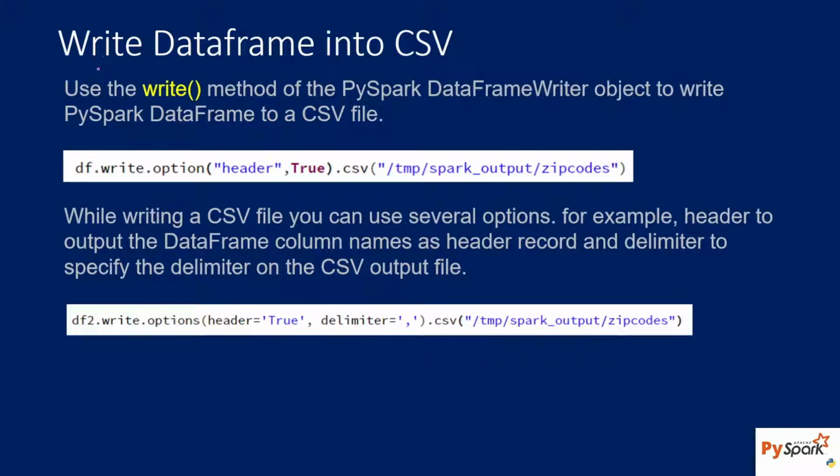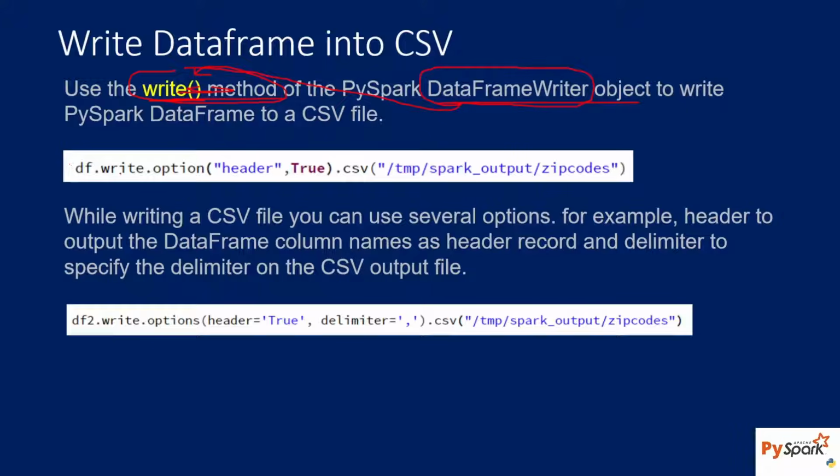So let's go to the next slide. Here you need to use the write method in the PySpark data frame object. Actually, it's not a method, it's an object. So here it is wrong. There is something called the DataFrameWriter class. For this class there is an object called write, which is available on top of the data frame.